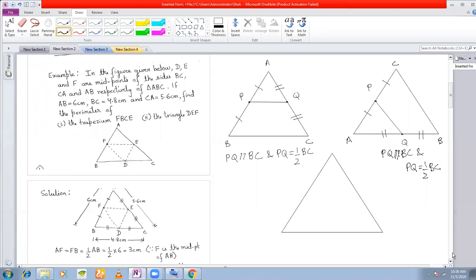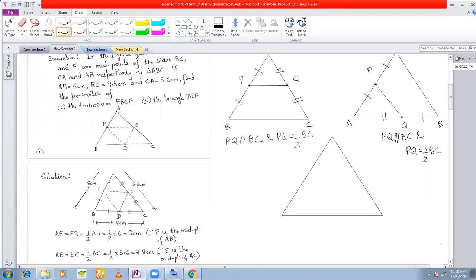Similarly here, if the midpoints of these two sides are given to you, P and Q, so these two are equal, BQ and QC are equal.